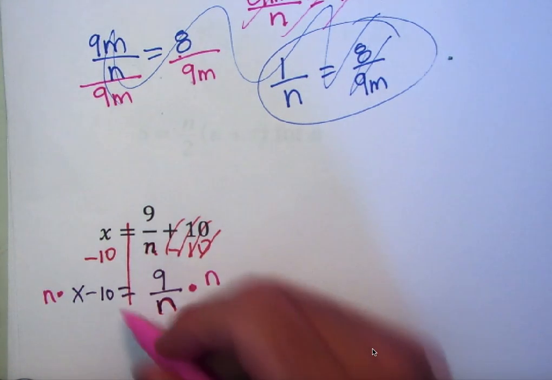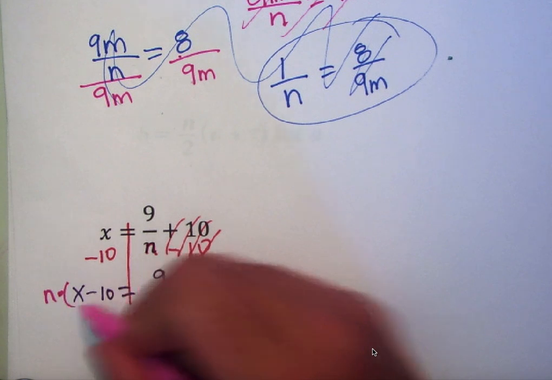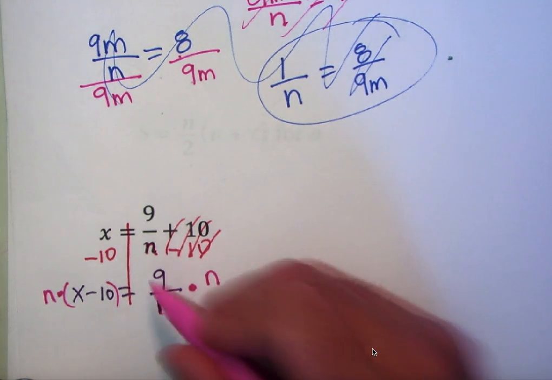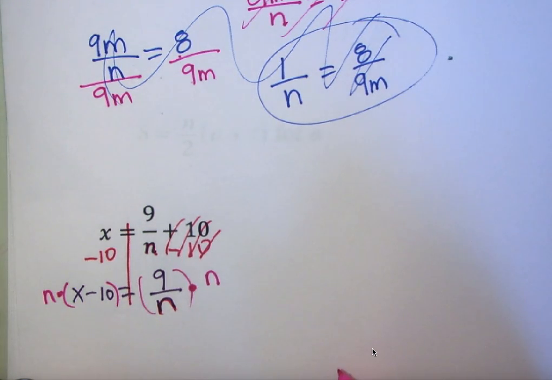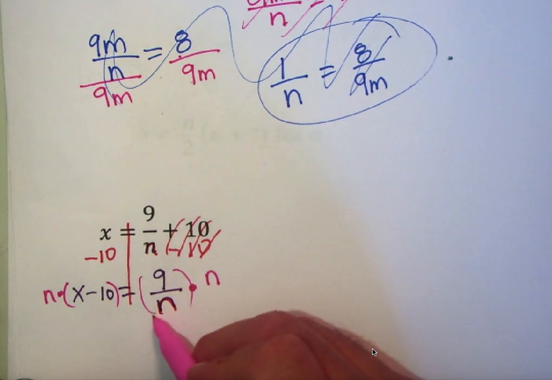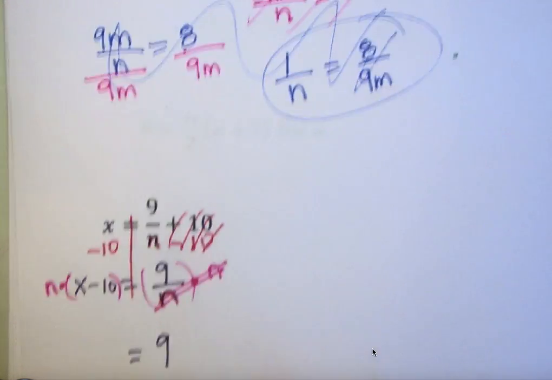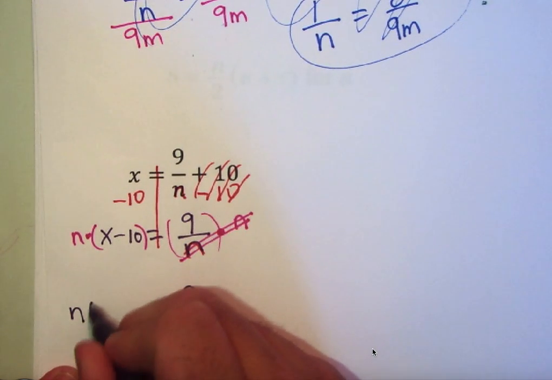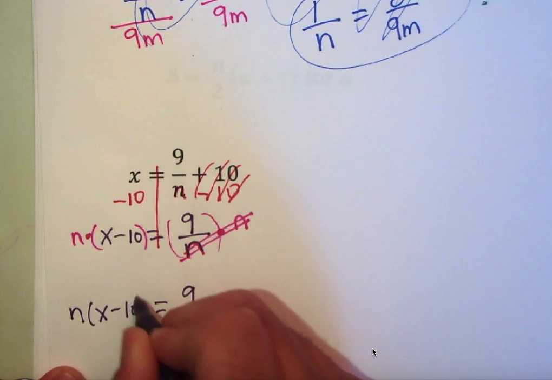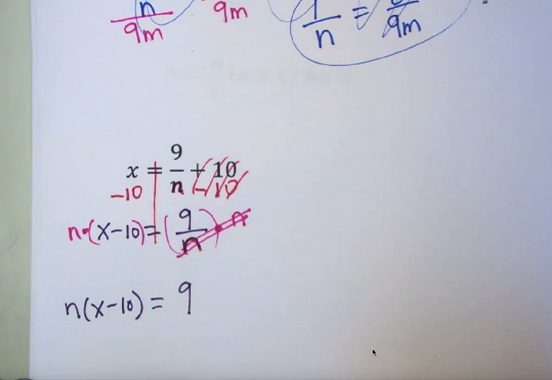And we talked about it before, when you multiply a whole side that has stuff on it, it's nice to use parentheses. These n's cancel, that's what we're hoping for. And you get n times x minus 10 equals 9.